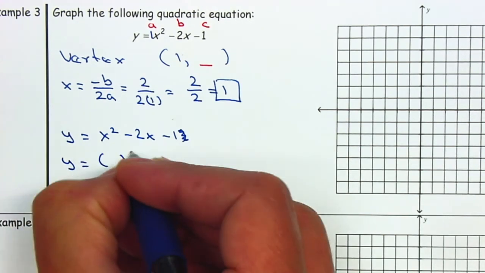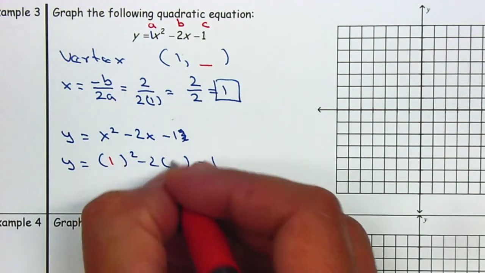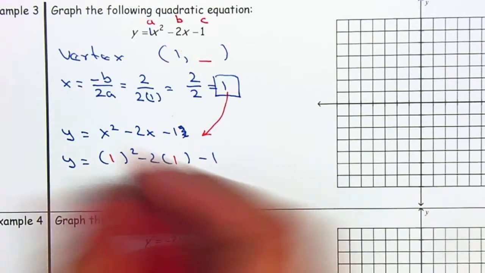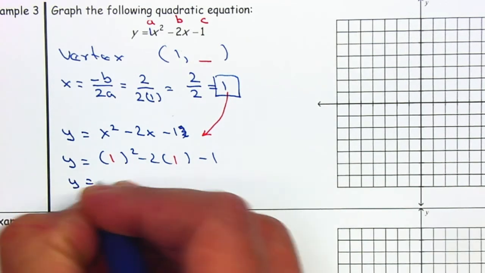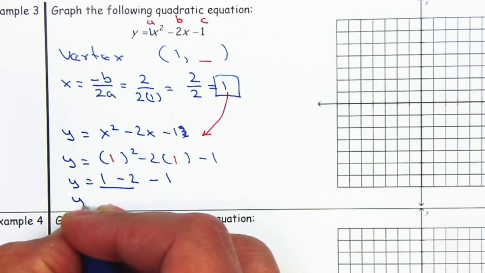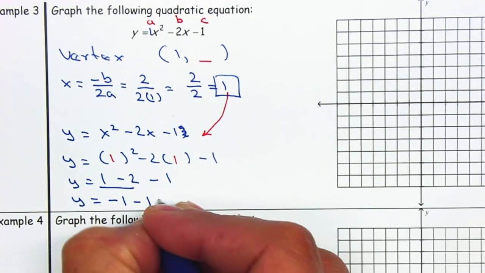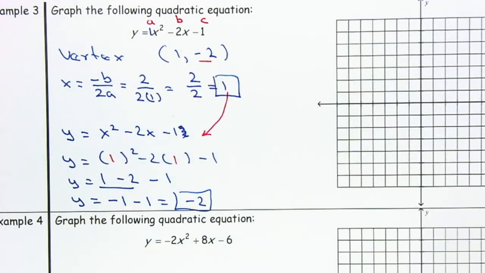It'll be 1 squared minus 2 times 1 minus 1. We replaced it with a 1. Now I'm going to simplify. 1 squared is 1 minus 2 minus 1. Y is equal to negative 1 minus 1, so it's negative 2. So the y value is negative 2.